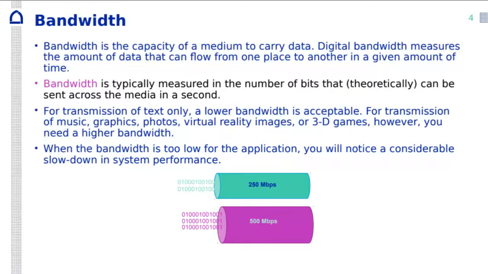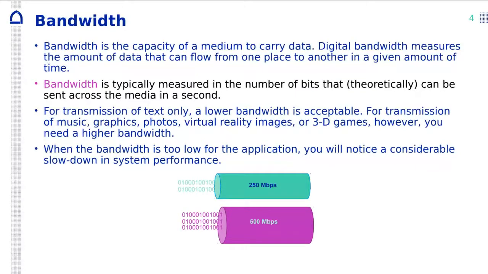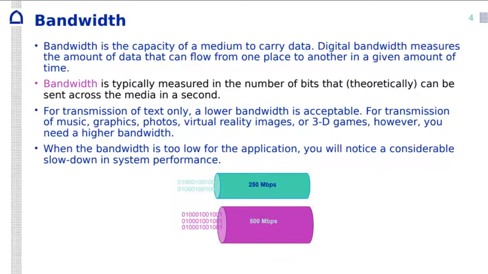The unit for bandwidth is bits per second, or kilobytes per second, or kilobits per second. If you want to transmit text only, then you need lower bandwidth. If you want to transmit music, photos, videos, then you need higher bandwidth. When the bandwidth is too low for the application, you will find that your system is slow because you have less bandwidth.